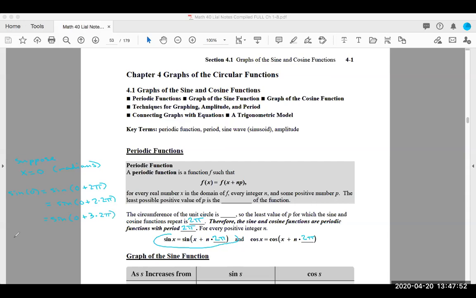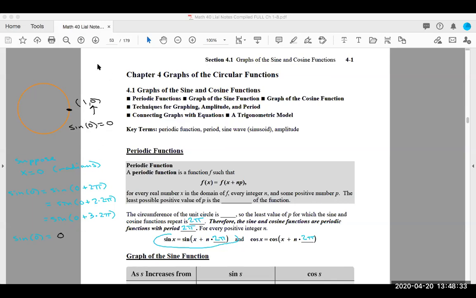So let's think about this for sine of 0. If we think back to the unit circle, sine of 0 means we're at 0 radians, that'd be right here. Remember, the point there would be 1, 0, and this second coordinate would be your sine value. So sine of 0 radians is actually equal to 0.